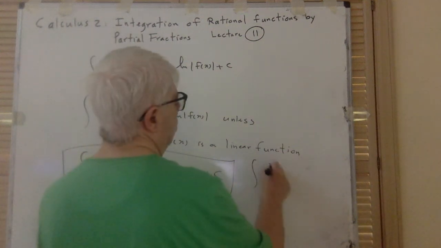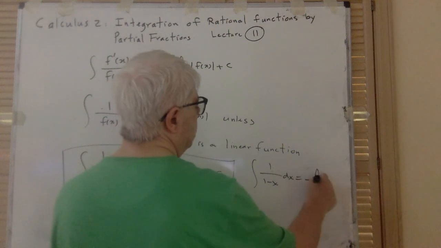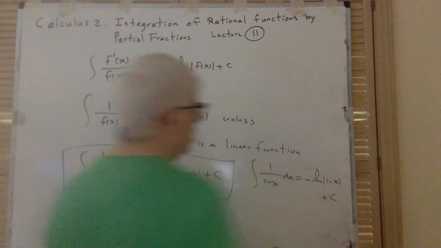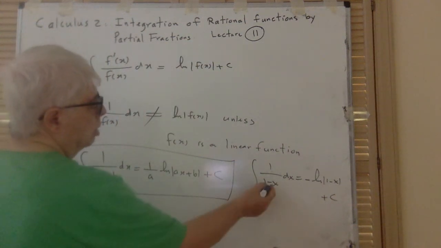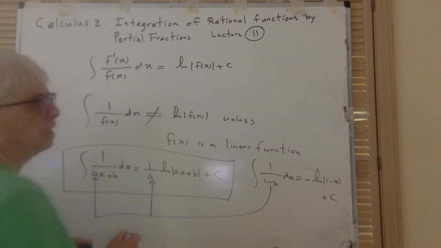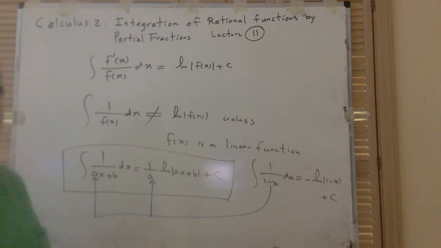If I have 1 over 1 minus x dx, that is minus ln of absolute value of 1 minus x plus c. You see, in this case, this negative in fact is this a. So I have 1 over minus 1, which is minus. So be careful. If you have negative x in the denominator, then that is minus ln of the absolute value of that.